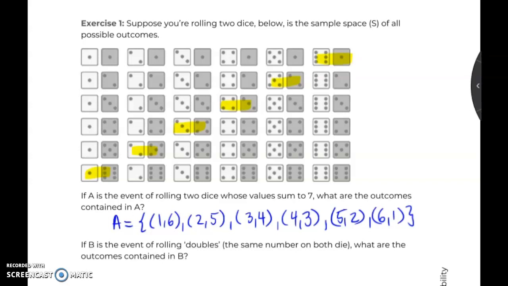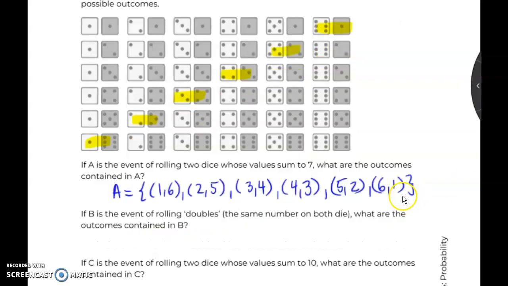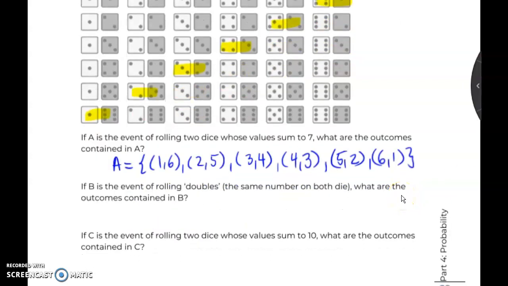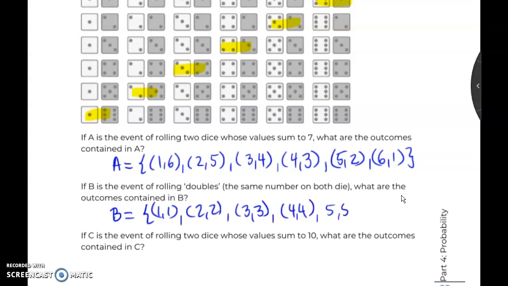All right, let's look at event B, which is the event of rolling doubles, meaning the same number on both dice. What are the outcomes contained over here? For doubles, we have 1-1, 2-2, 3-3, 4-4, 5-5, and 6-6.